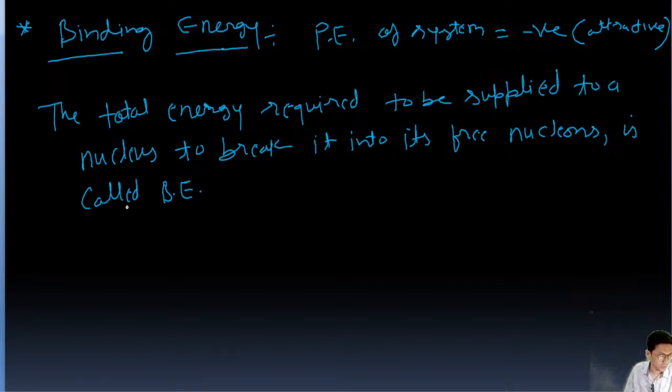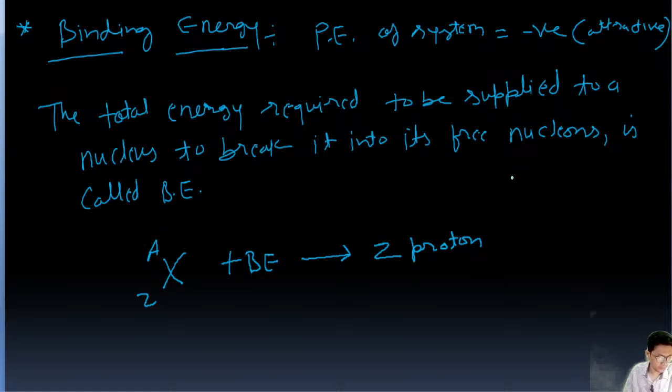So the nucleus X(Z, A) plus binding energy breaks into Z protons plus (A minus Z) neutrons, right?